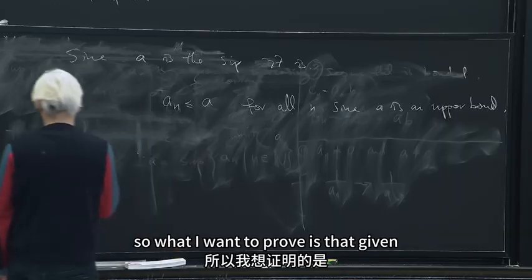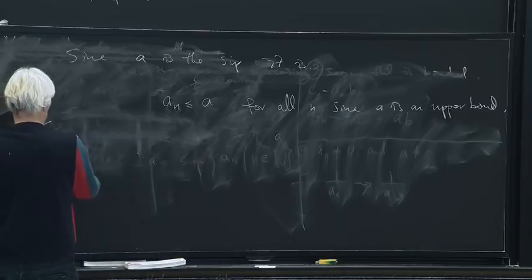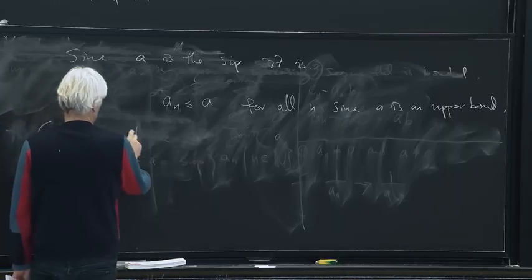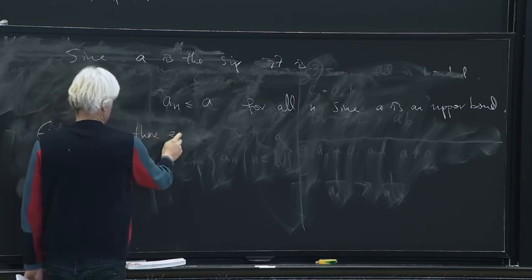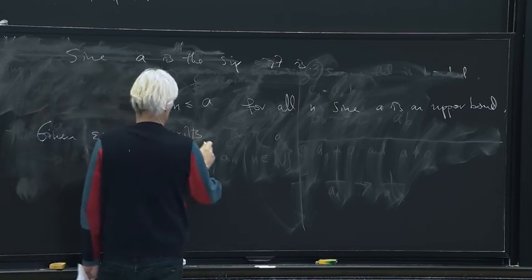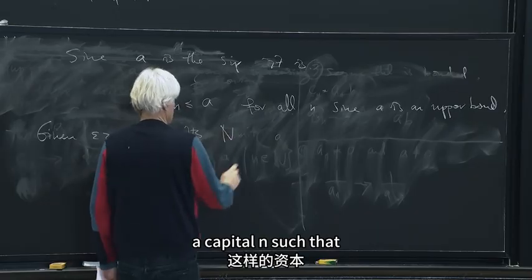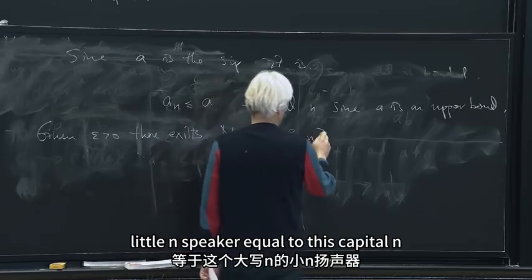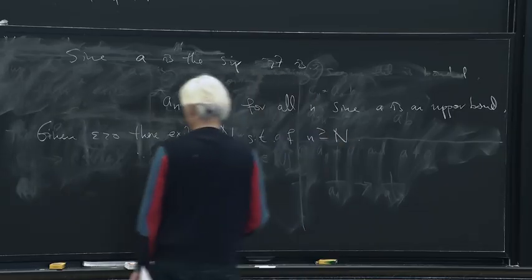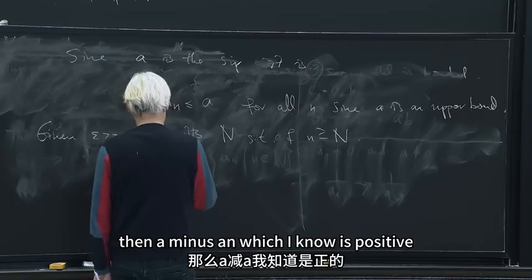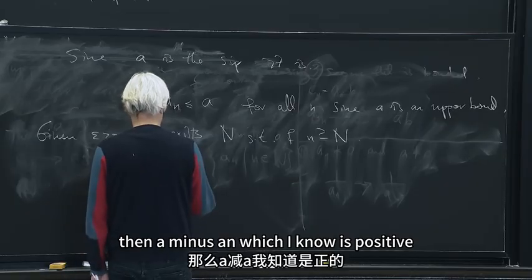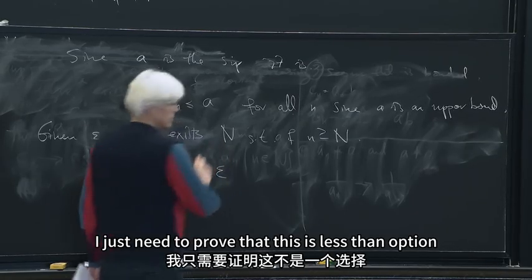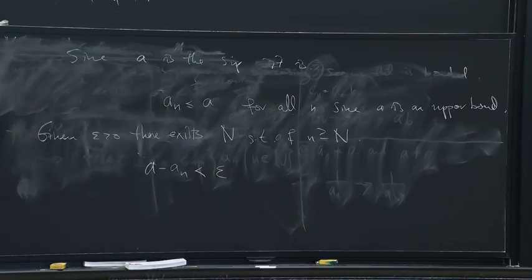So what I want to prove is that given epsilon greater than 0, there exists a capital N such that if little n is bigger or equal to this capital N, then A minus a_n, which I know is positive, is less than epsilon.